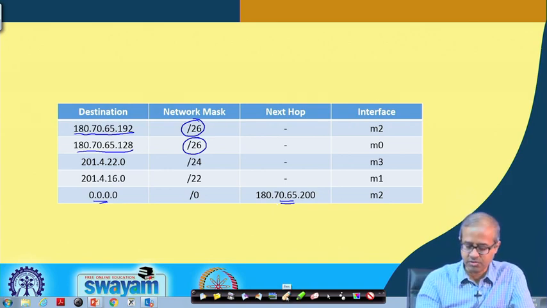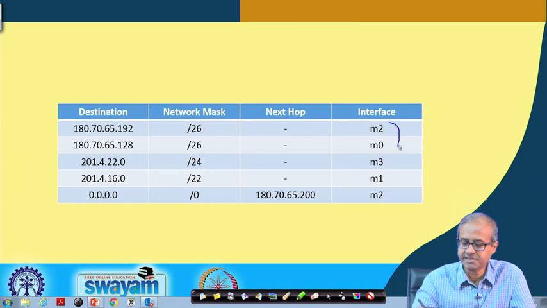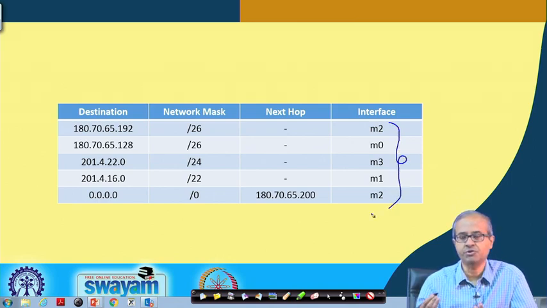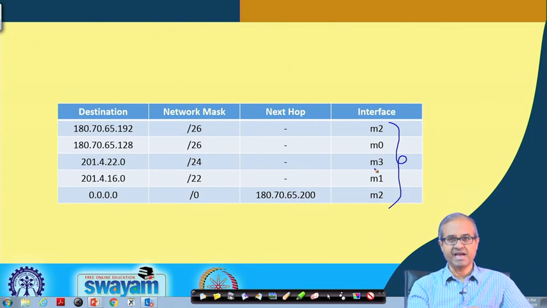Now, you see one thing also, I want to tell you with this example. You see these interfaces are not listed in order M0, M1, M2, M3, they are listed in some arbitrary order apparently. First M2, then M0, then M3, then M1, but there is something orderly about this. You see, we are talking about longest prefix match. Wherever there is a longest match, you take that as the match, others you ignore.